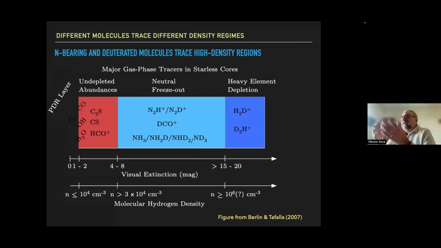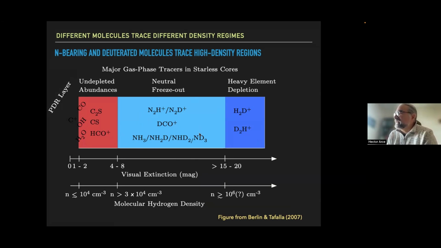So we use a range of molecules in order to probe different depths inside a cloud. And as you go to the right in this figure, we're going to deeper and denser regions in the cloud. In astronomical parlance, you can think of it as extinction or just density.